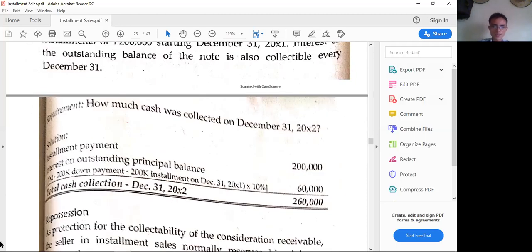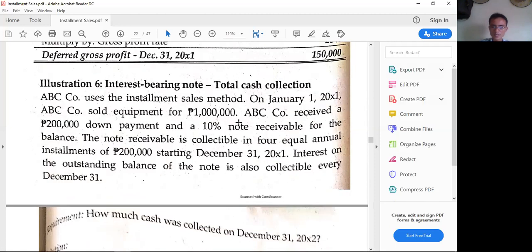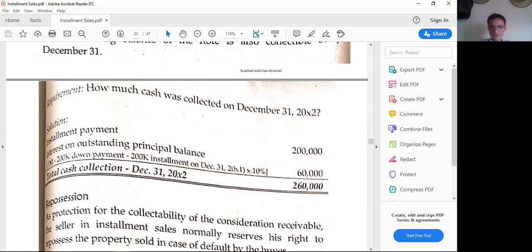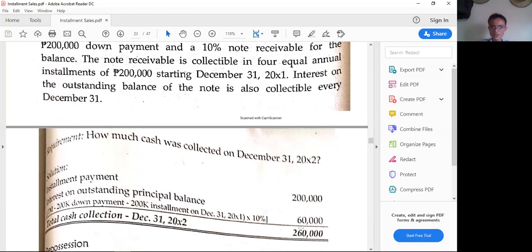The interest is, on January 1, 20x1, we have a balance of 800,000. And then minus the 200,000 installment in 20x1 equals 600,000 times 10% equals 60,000 for a total cash collections of 260,000.